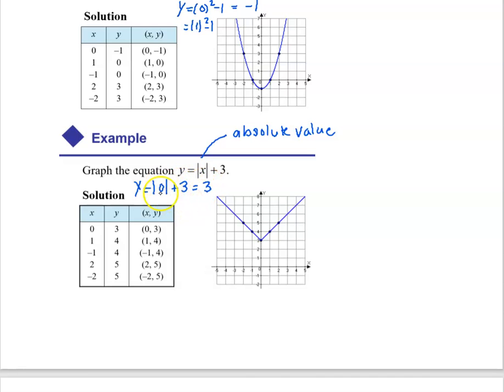And that gave us 3 because the absolute value of 0 is just 0. So that's how they've got the answer 3 here. Let's look at that -1. So y equals the absolute value of -1 plus 3. Well, this absolute value of -1 is just 1. It's going to give me 4, which is how they came up with this 4. And then they plotted the points. So they plugged the numbers in and plotted those points.